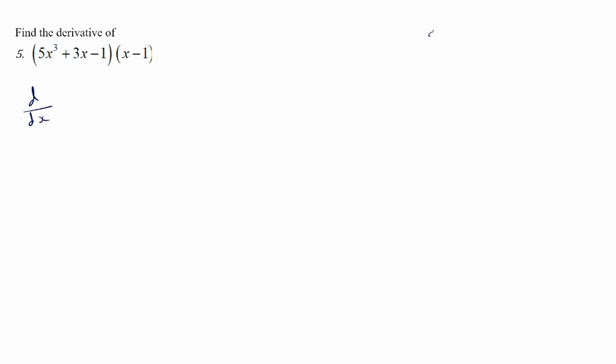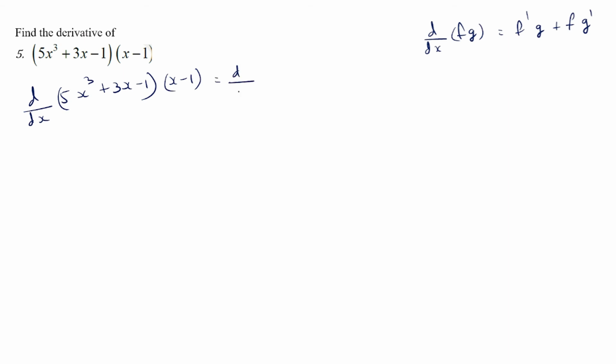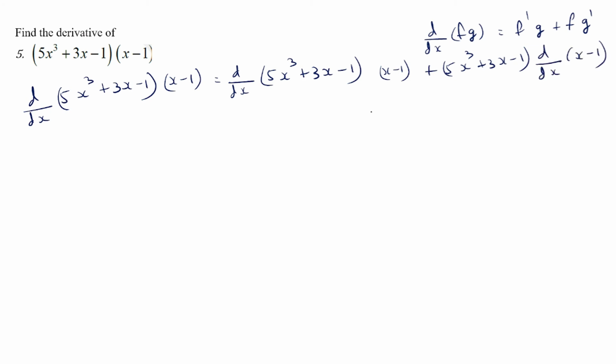So using product rule, derivative of f into g is equal to derivative of f into g plus f into derivative of g. d by dx of (5x cube plus 3x minus 1) into (x minus 1) is equal to derivative of 5x cube plus 3x minus 1 into g, we have to keep it separately, plus 5x cube plus 3x minus 1 into derivative of x minus 1.